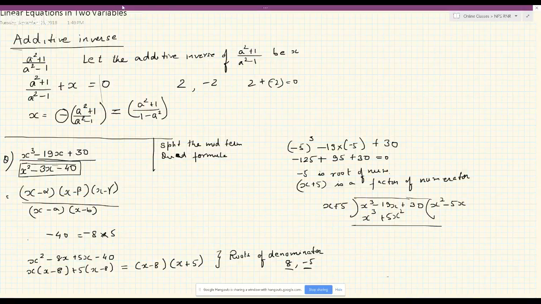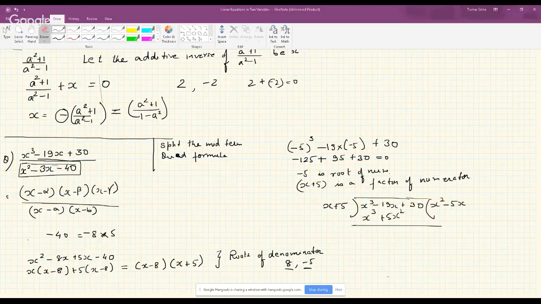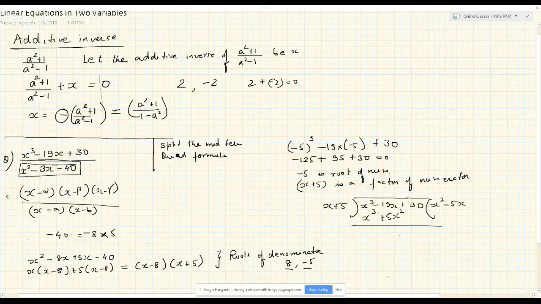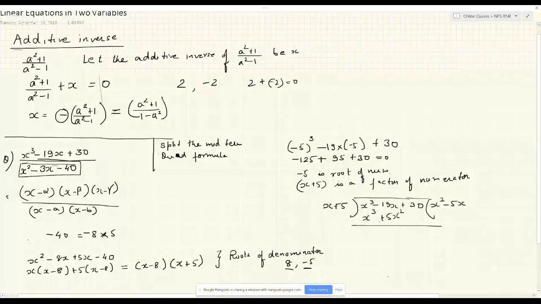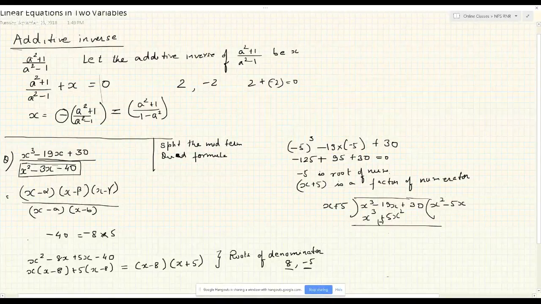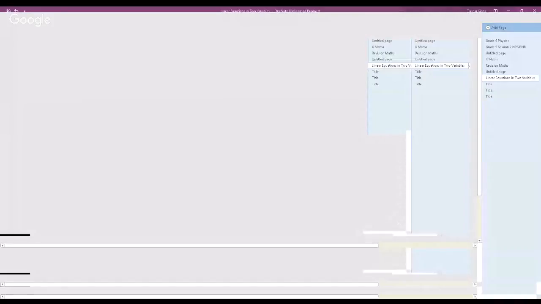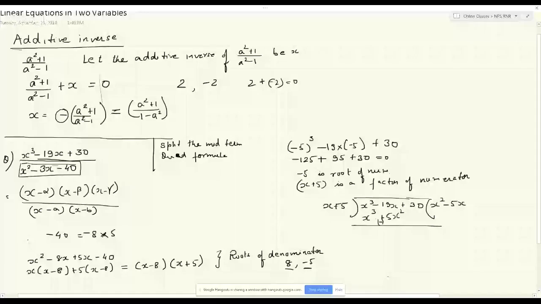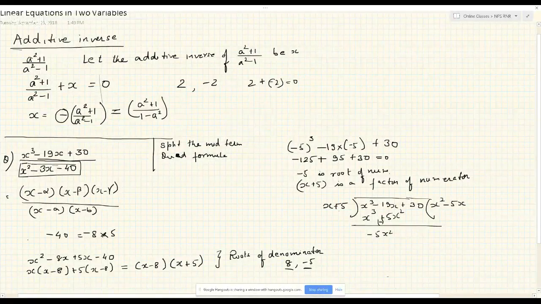So basically it will be minus, right? Because it will change sign. So 19 plus 5, 24, minus 24x square. Oh, I'm sorry, it will be a negative sign only. So minus 5x square now. Am I right? Wait, no. What is happening? We are doing a wrong division. Wait a minute. My note is also not functioning well.